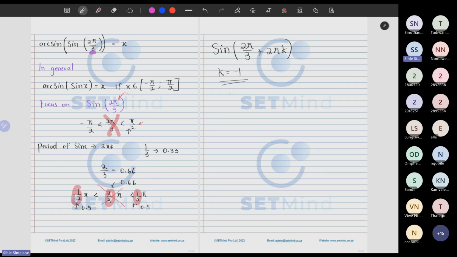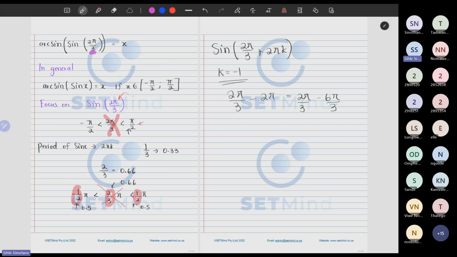I'll focus on the angle. I'll have 2 pi over 3 minus 2 pi. Let me make a common denominator here: 2 pi over 3 minus 6 pi over 3.